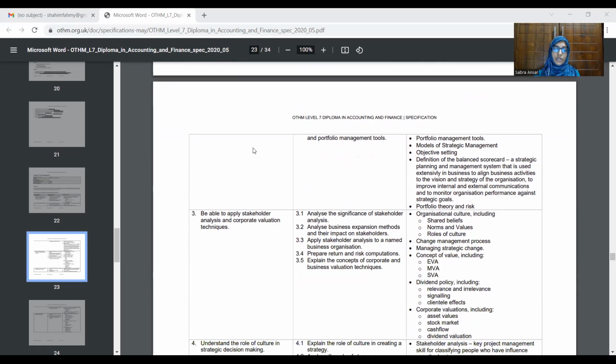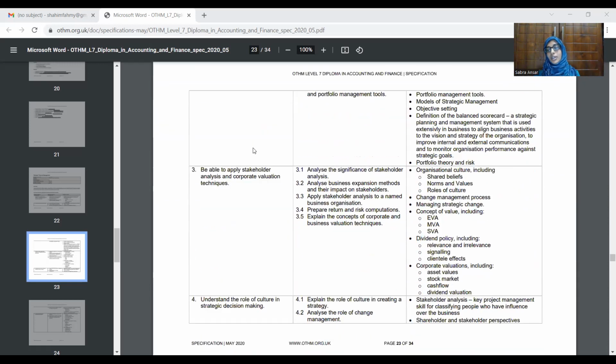The third learning outcome is to be able to apply stakeholder analysis and corporate evaluation techniques. First, the significance of the stakeholders needs to be identified and analyzed, and different business expansion methods and stakeholder analysis need to be analyzed.